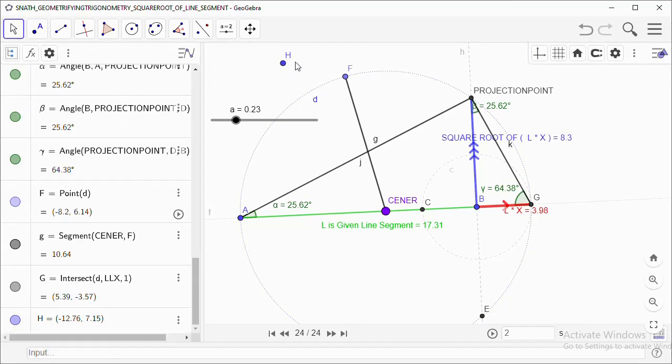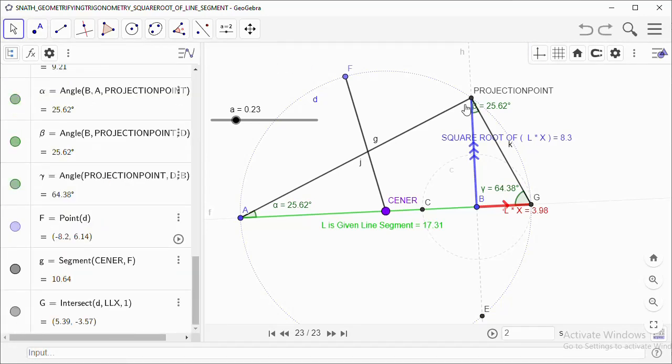From there we draw these two lines, and after they are drawn, we can see that two similar triangles are formed, and when we measure these angles, we can say that these two angles are equal.